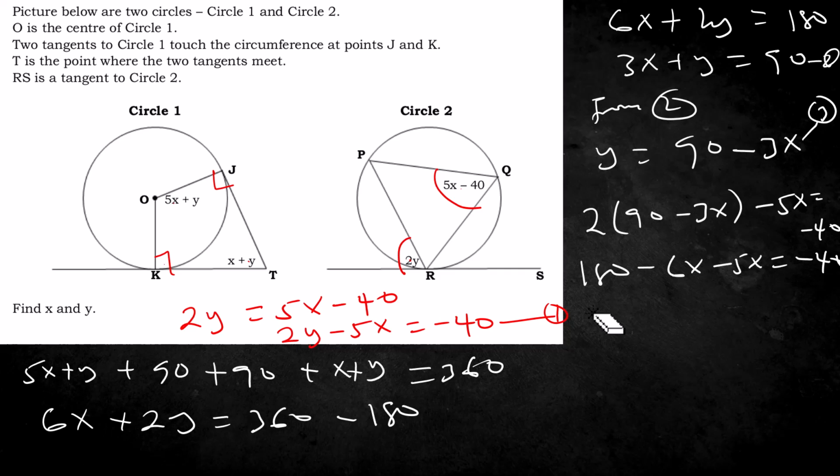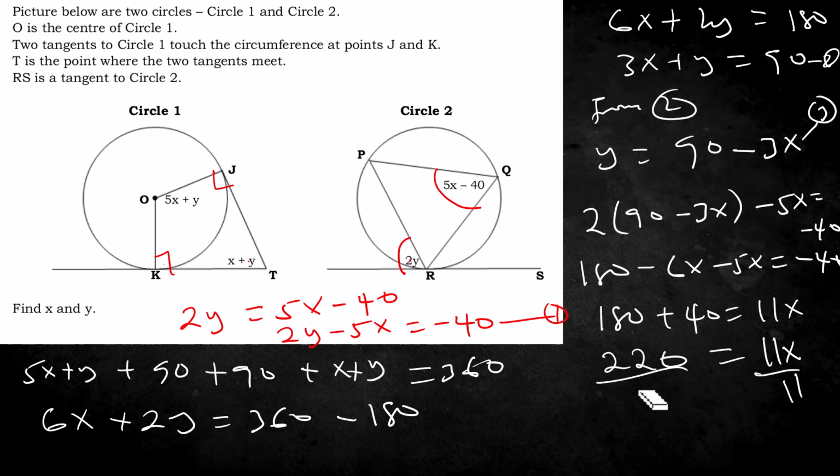So 180 plus 40 is 220, which equals 11x. Let's divide this side by 11. So x is 20.